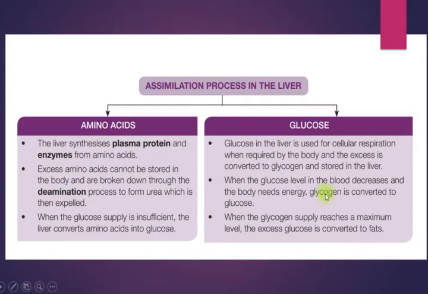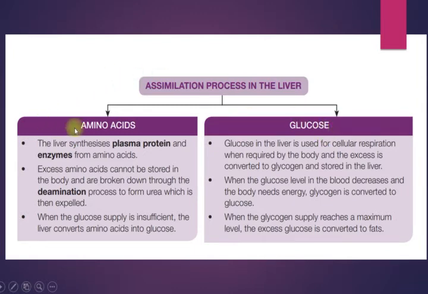So if there is less glucose in the blood, the liver will automatically convert glycogen to glucose. When the glycogen supply reaches a maximum level, the excess glucose is converted to fat. So that is the assimilation of glucose in the liver.